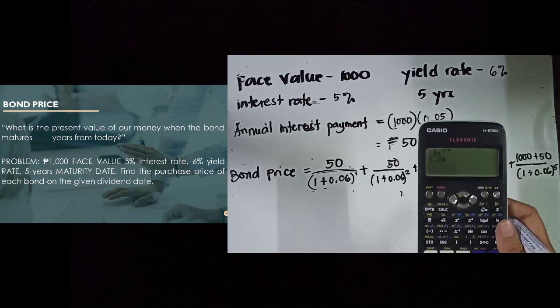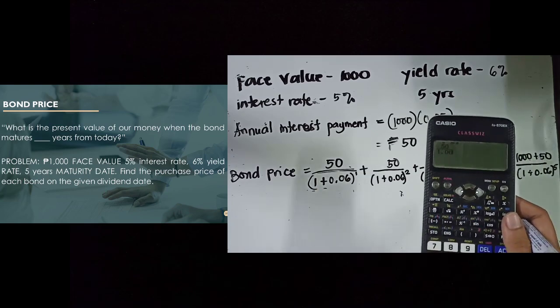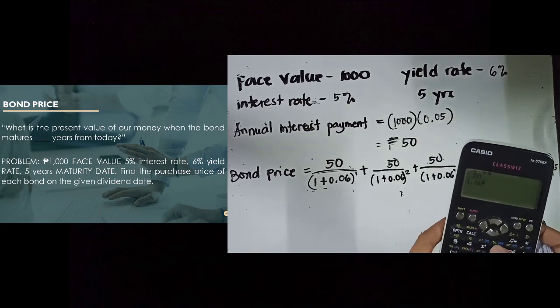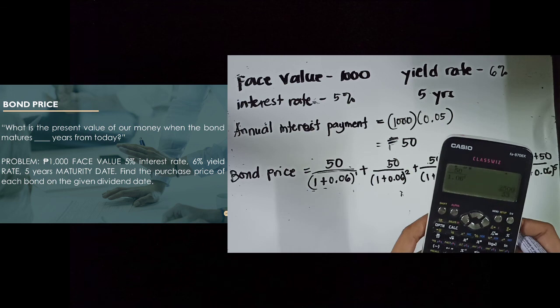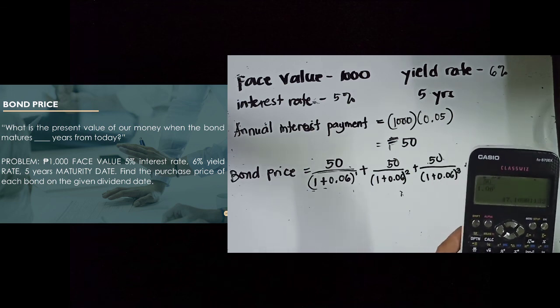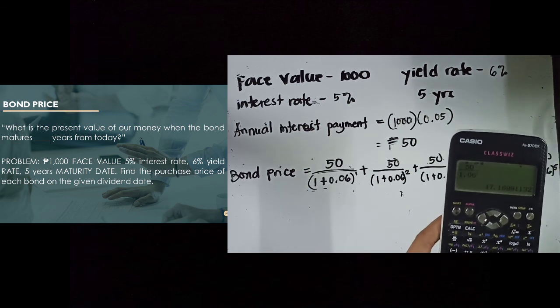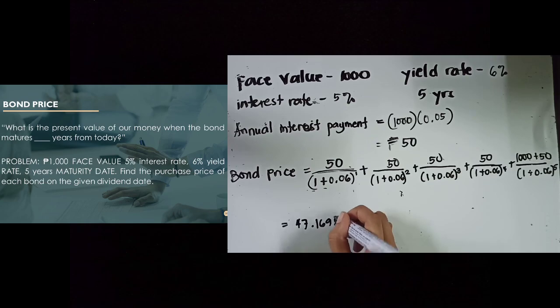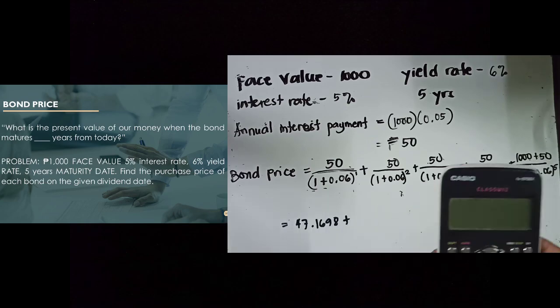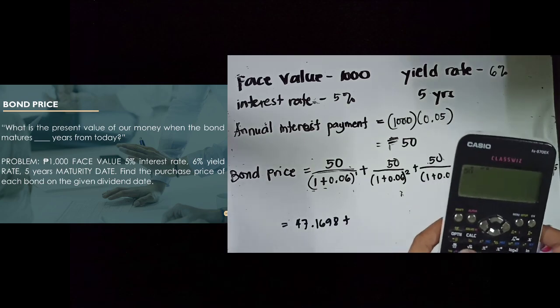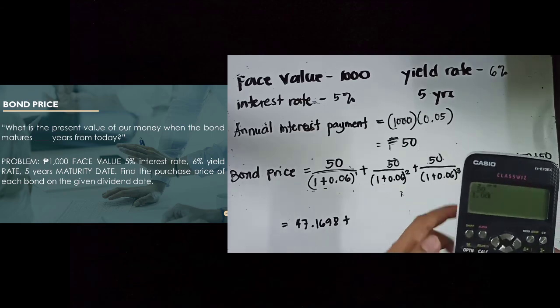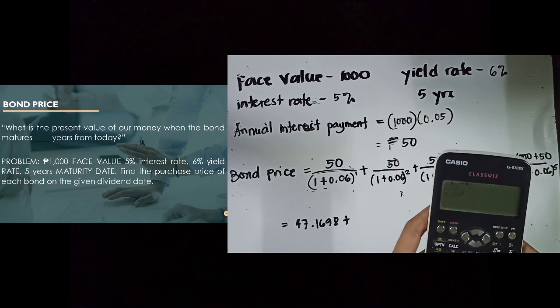So why is it 1.06? 1 plus 0.06 is 1.06. Then raised to 1. Okay, and that is equal to 47.1698. Okay? So again, 47.1698.